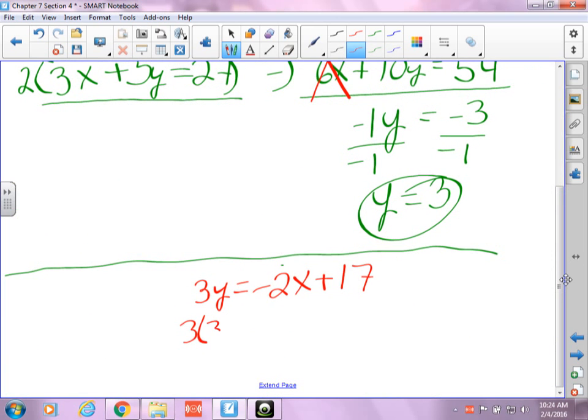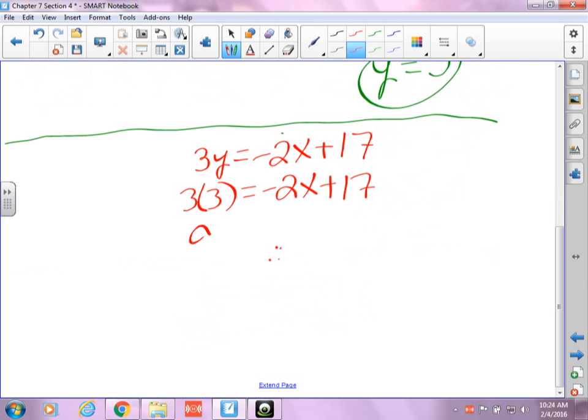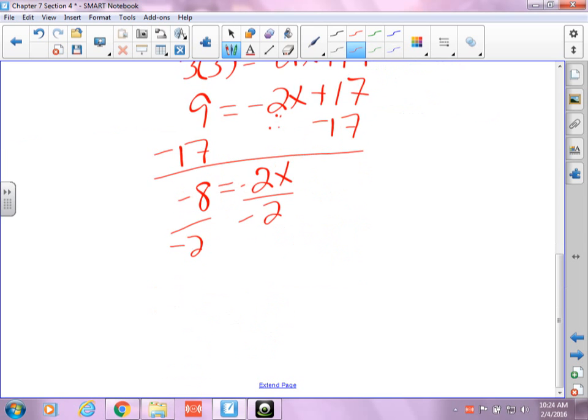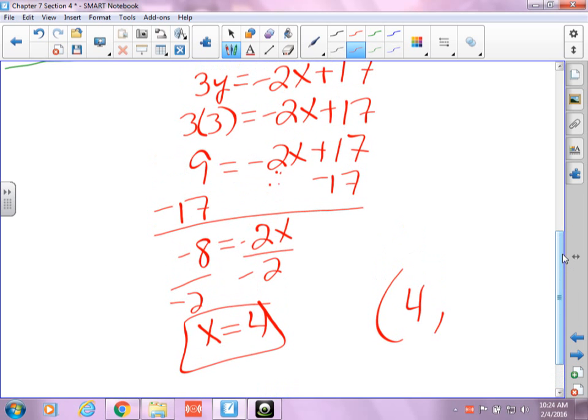So 3 times 3 equals negative 2x plus 17. Doesn't matter which equation you choose. I just chose this because, I don't know, I want to be difficult. 9 equals negative 2x plus 17. Subtract 17. I end up with negative 8 equals negative 2x. Divide by negative 2. X equals 4.